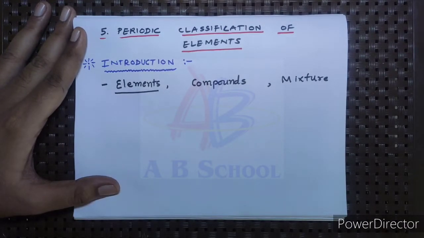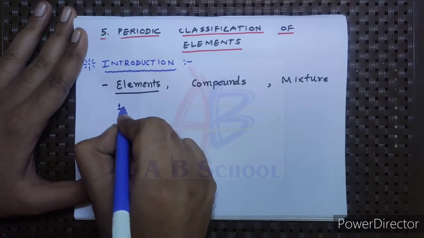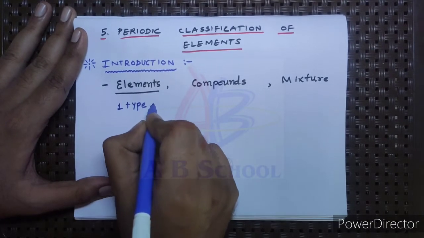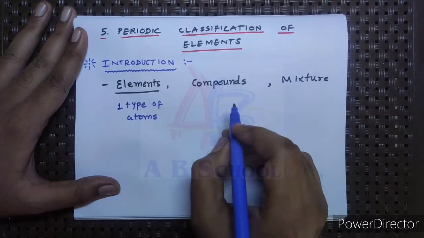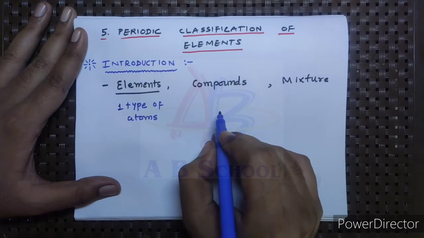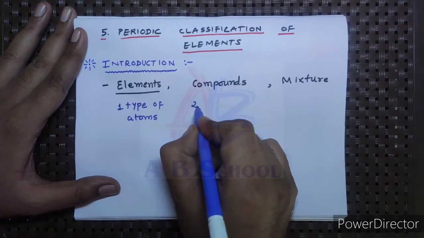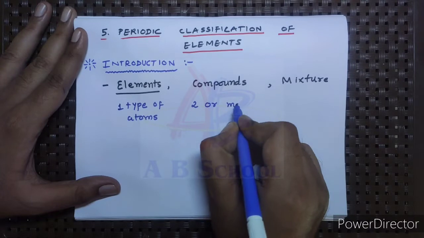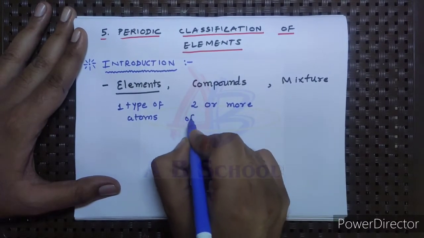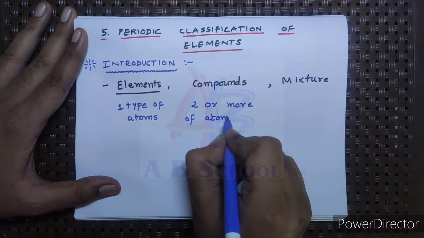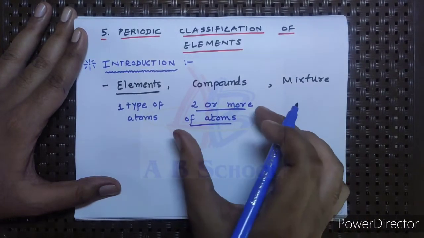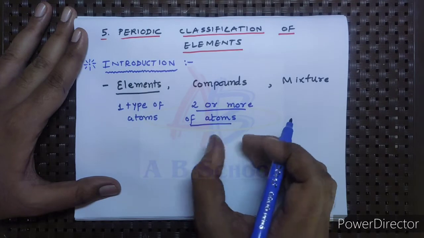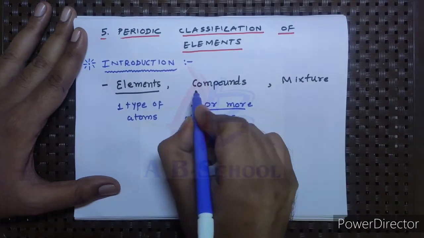Elements are the substances which contain only one type of atoms. Compounds, on the other hand, contain two or more types of atoms. These atoms are attached to each other in fixed proportions with the help of some chemical bond.